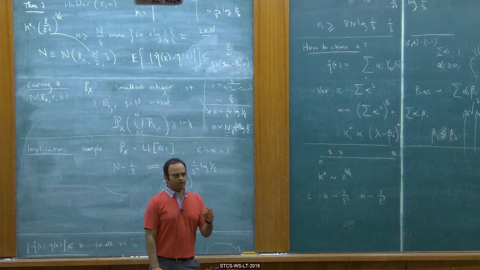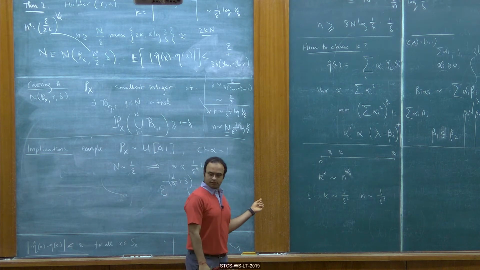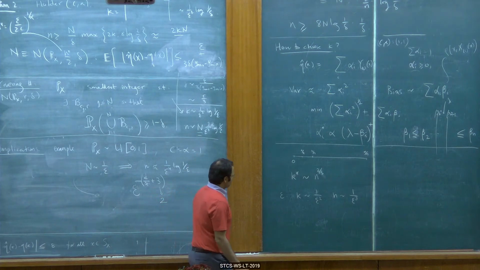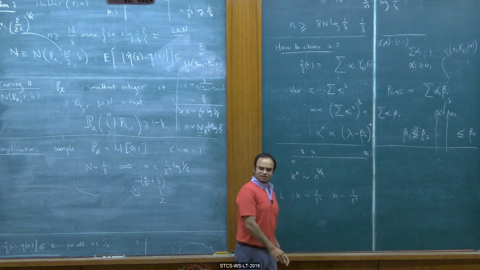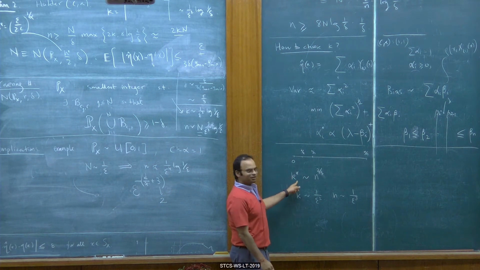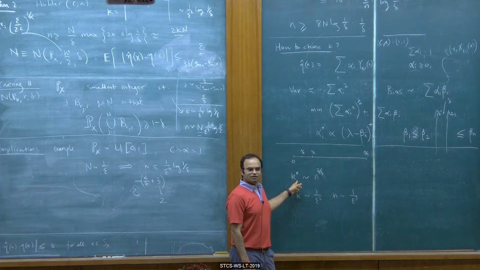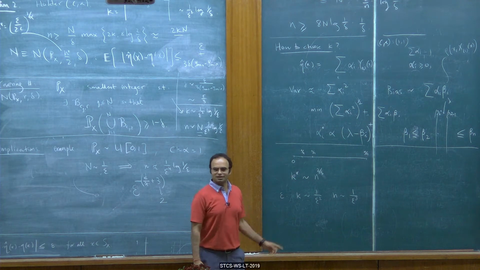If K and N satisfy these conditions simultaneously, then you get epsilon. Does everybody see that? Pretty remarkable, at least in a toy case.